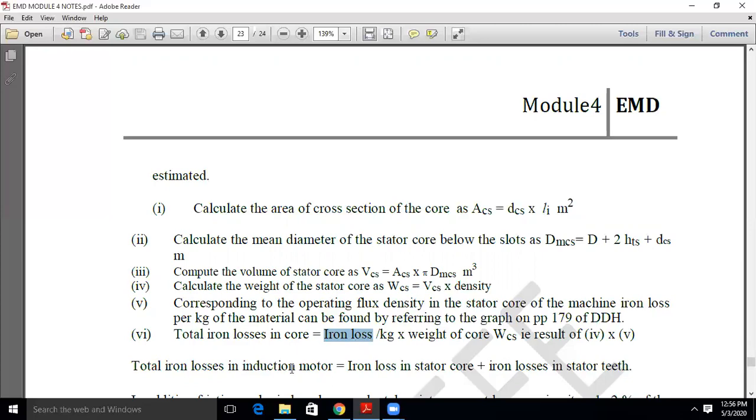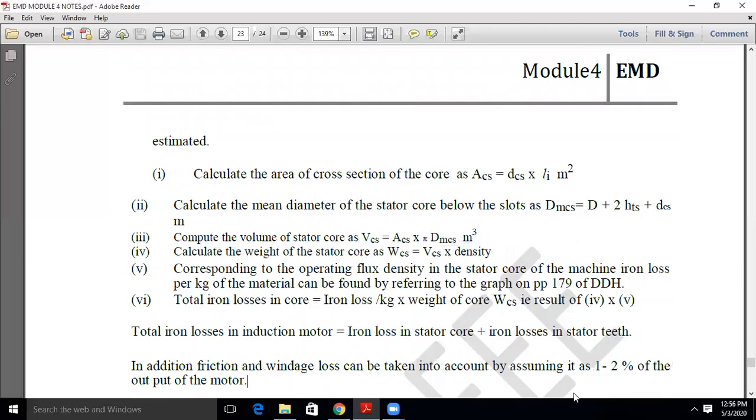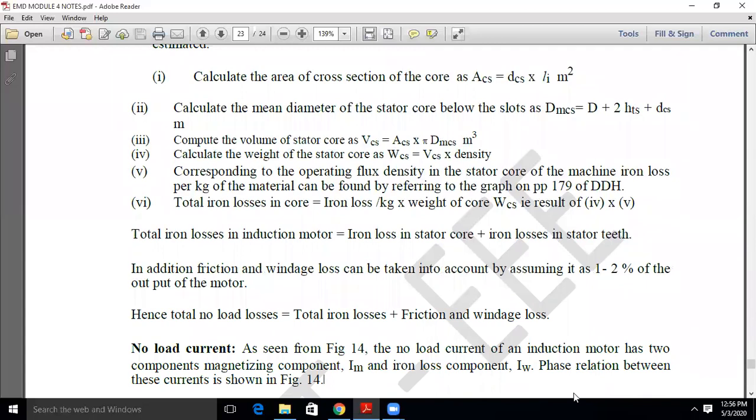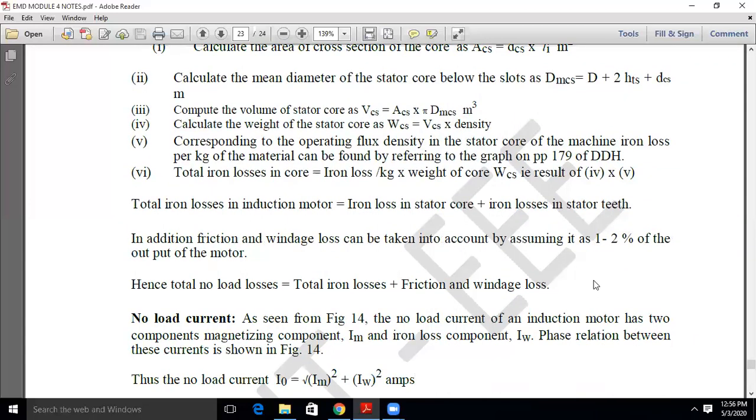So now I can calculate the total iron losses in the induction motor by taking the iron loss in the stator core plus the iron loss in the stator teeth. In addition, we need to calculate the friction and windage loss just by assuming it as 1 to 2% of the output of the motor.